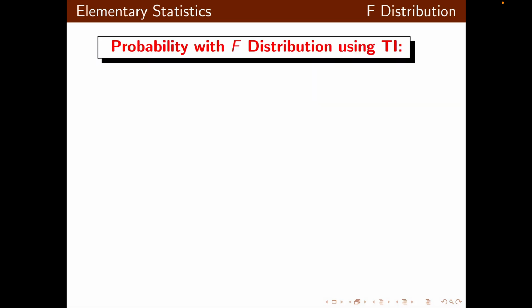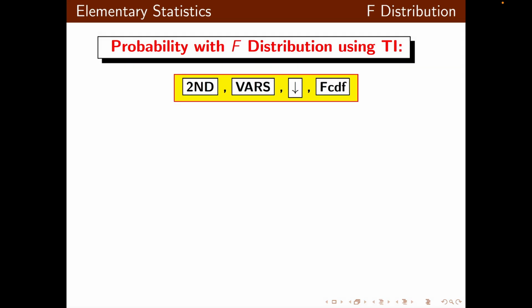Now let's look at probability with F distribution using TI. The TI command that we will be using is called FCDF, and you can find that by going to 2nd VARS, arrow down until you find FCDF.